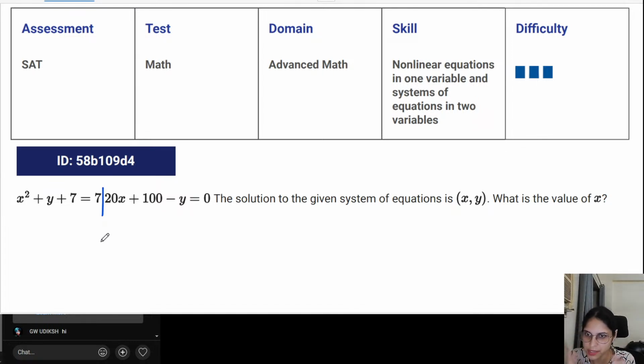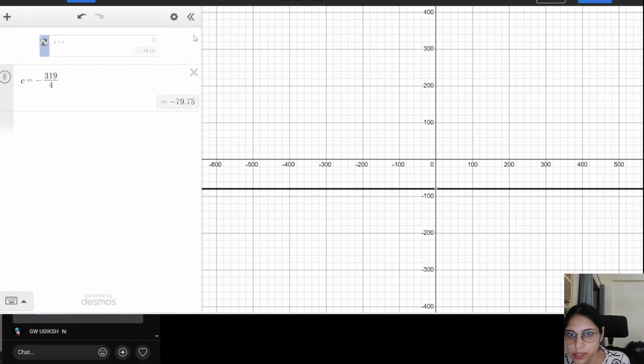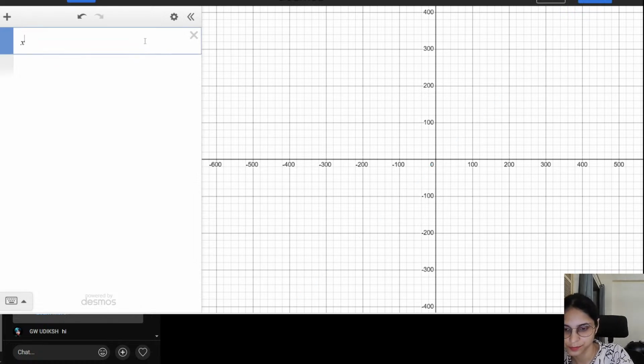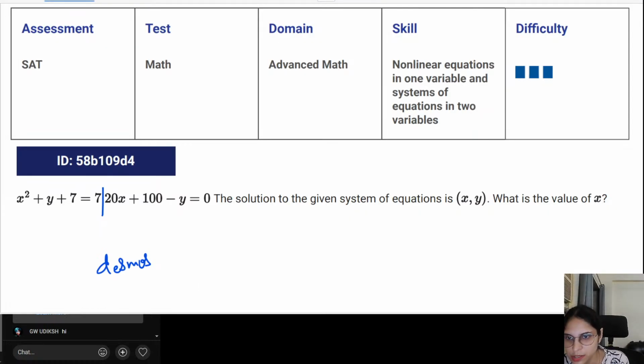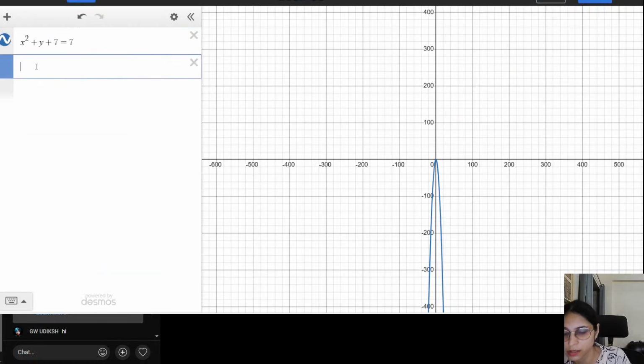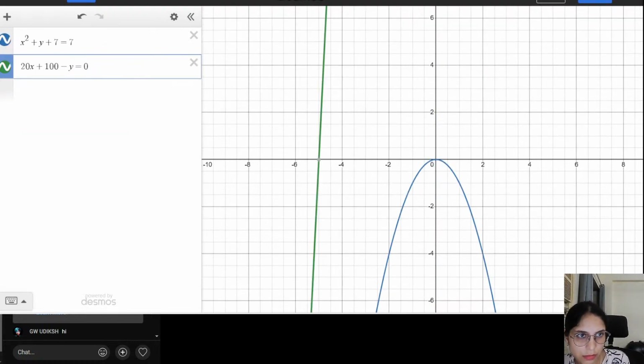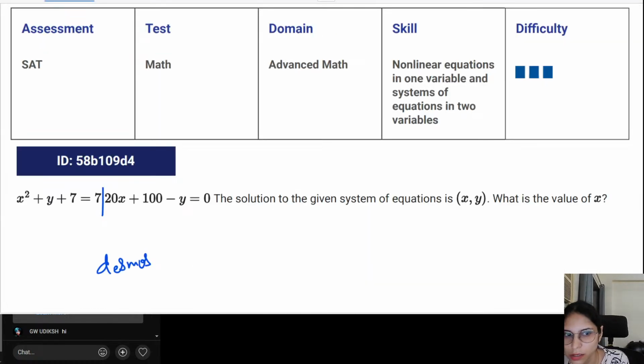Where there's a little more space, that means we are starting the next equation. So x squared plus y plus 7 is equal to 7. 20x plus 100 minus y is equal to 0. Okay.